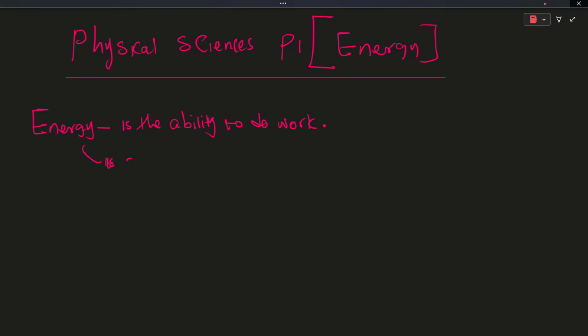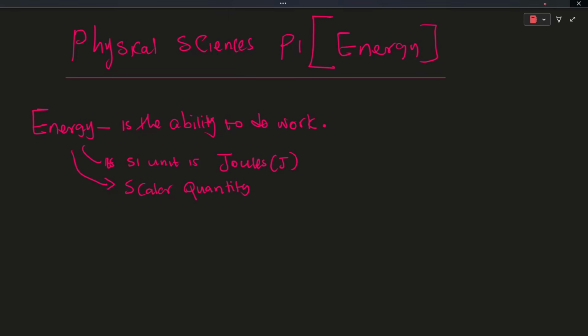Its SI unit is joules. Energy is measured in what? In joules. That's what we know about energy. And then another thing is that energy is a scalar quantity. Right?